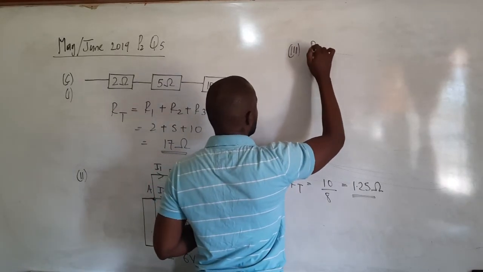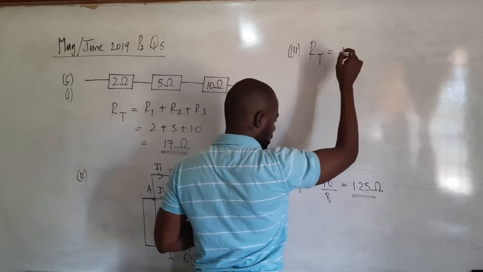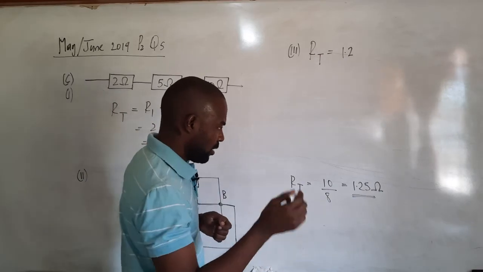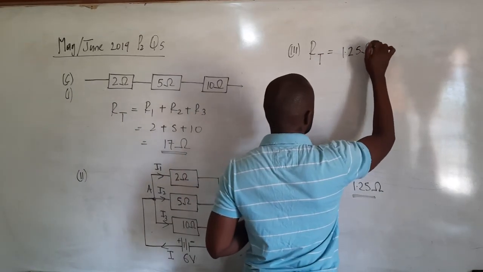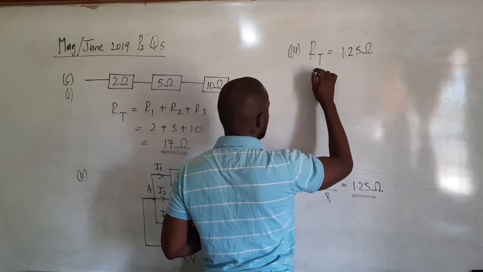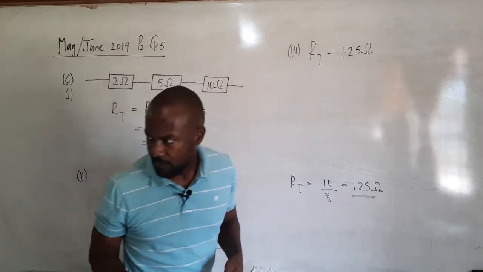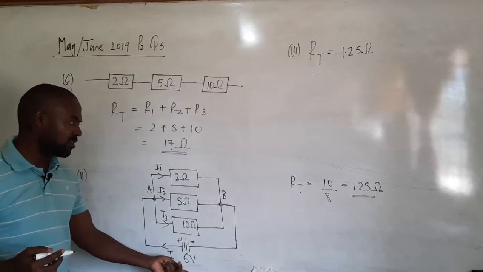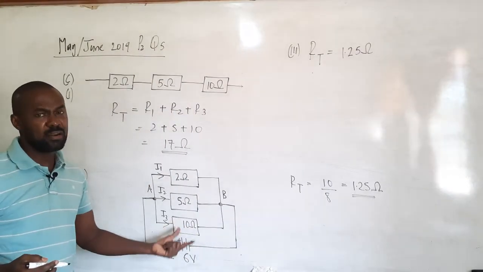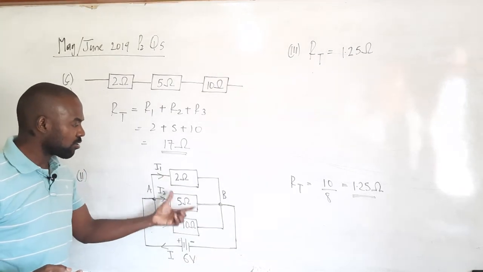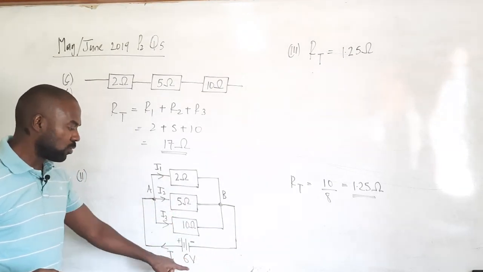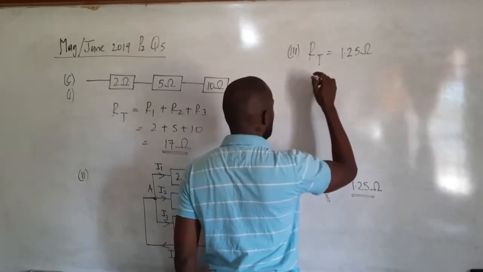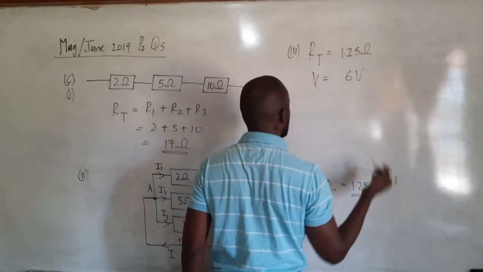We have the total effective resistance RT equal to 1.25 ohms, and the power supply, let's call that E, is 6 volts. Because it's a 6 volt power supply and these resistors are connected in parallel, the PD across them will be the same and equal to the power supply voltage, right? So the PD across them, V, is equal to 6 volts.